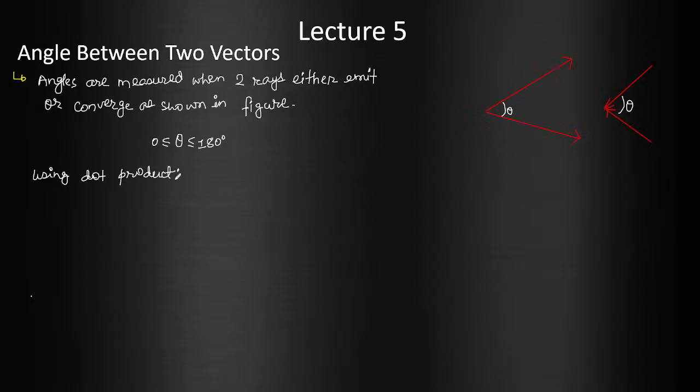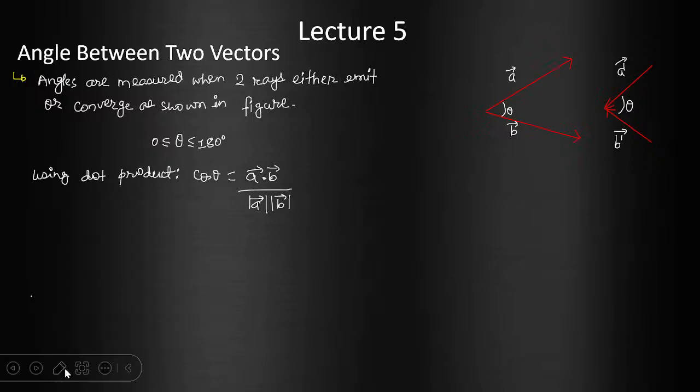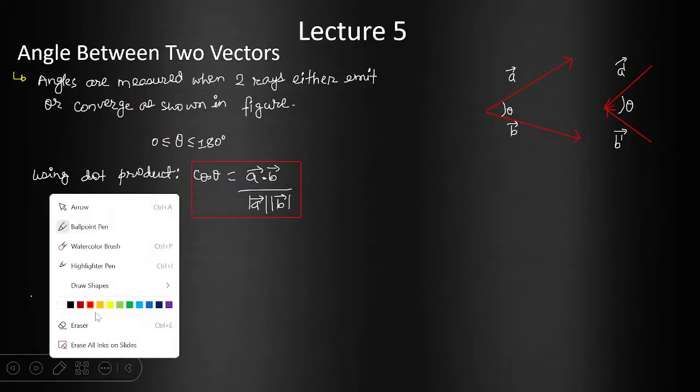So using the physics dot product, if this is A vector, if this is B vector, cos theta is equal to A vector dot B vector divided by mod A vector mod B vector. This is how we measure the angle between two rays.